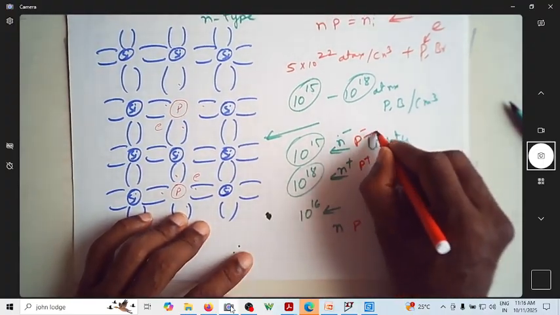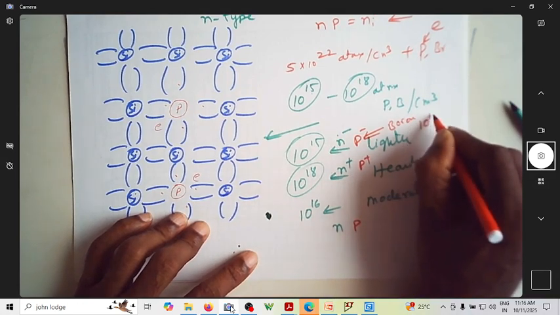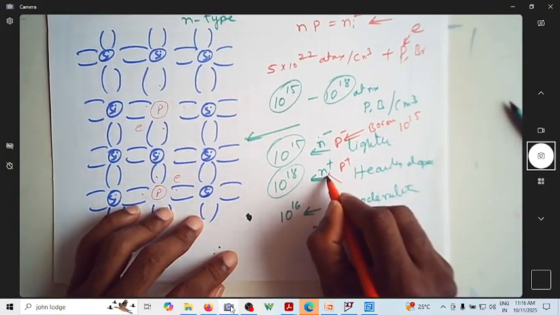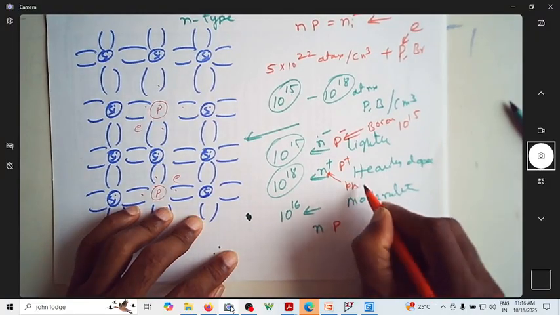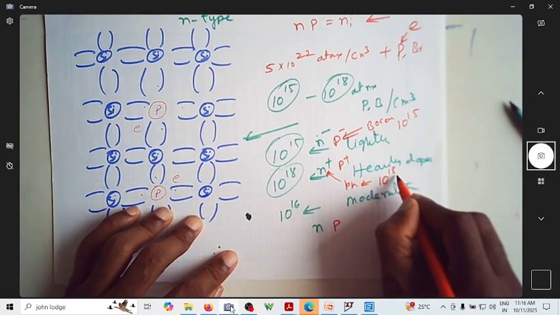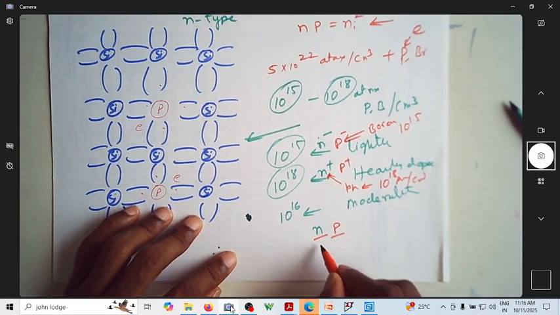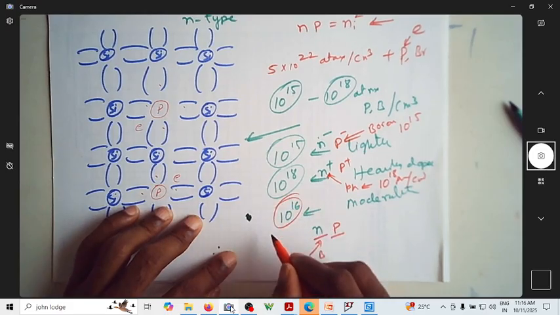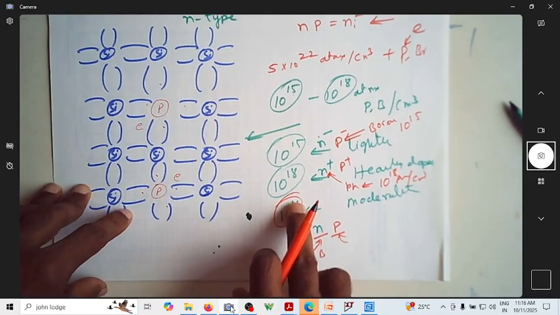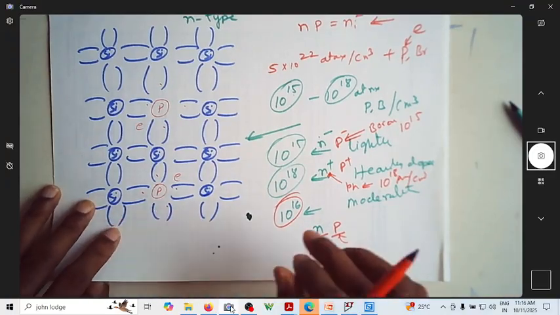P minus is adding boron with a concentration of 10 power 15 boron atoms per cubic centimeter. What is N plus? It is adding phosphorus at a concentration of 10 power 18 phosphorus atoms per cubic centimeter. What is N or P? It is adding dopant at a concentration of 10 power 16 atoms.